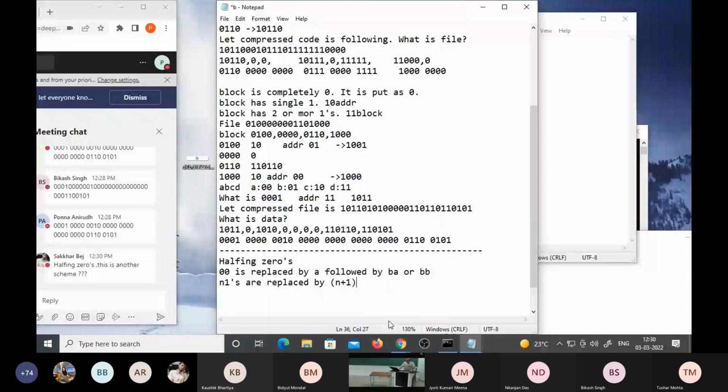0, 0 is replaced by A followed by BA, okay, or BB.